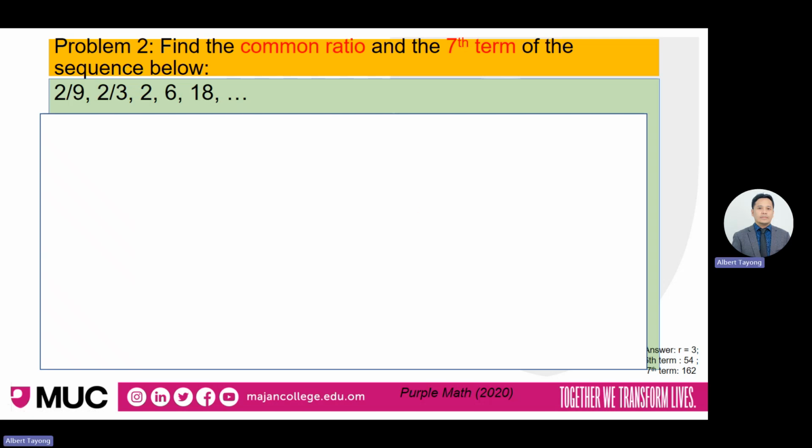The first step is to find the common ratio. So this means that this sequence talks about a geometric sequence because we have the common ratio.